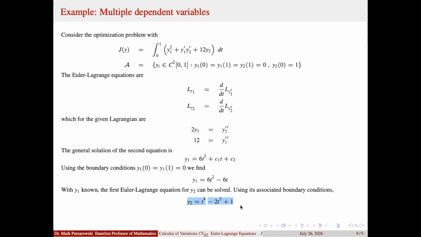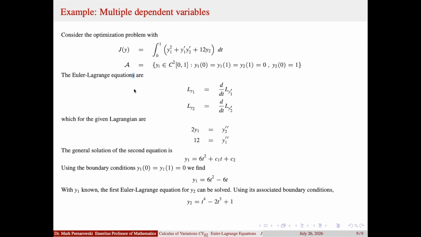So let's just summarize this. Here's a function of a vector-valued function y. Y has got two components, y1 and y2. They define my Lagrangian here. For this Lagrangian, I get two coupled differential equations. Those are the Euler-Lagrange equations.